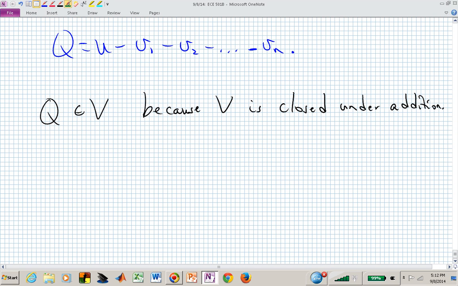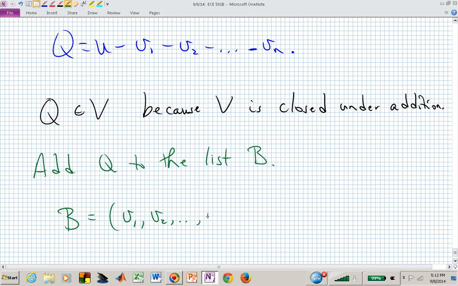Well, now we have a vector that is linearly independent from the original V's, V1, V2 through V sub n. So now let's add Q to the list B. So now let's create a new list B that's V1, V2, up to Vn, and Q.